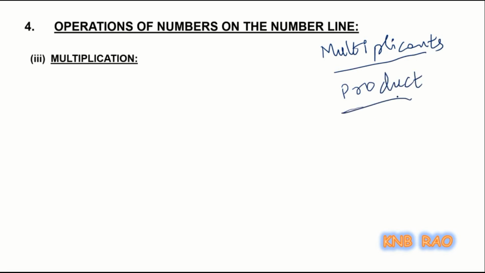So for example, here 6 into 9 is 54. Here 6 and 9 are called multiplicands, and the result at the end of the multiplication operation is called the product. In this example 54 is called product.